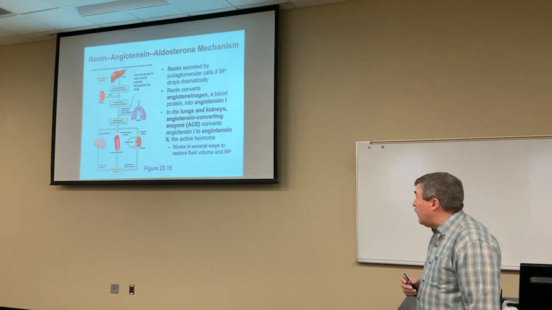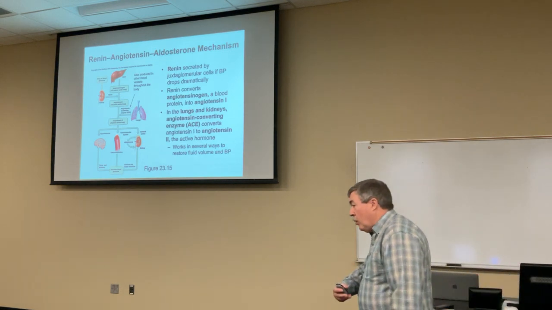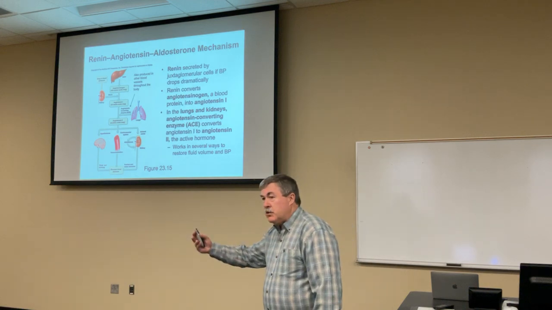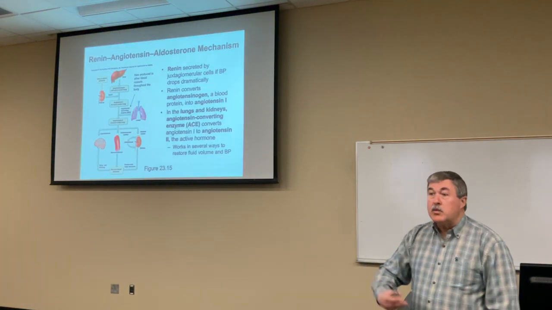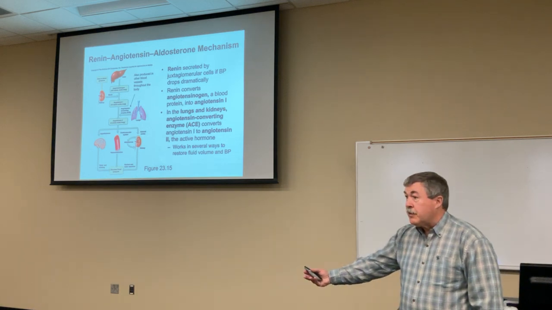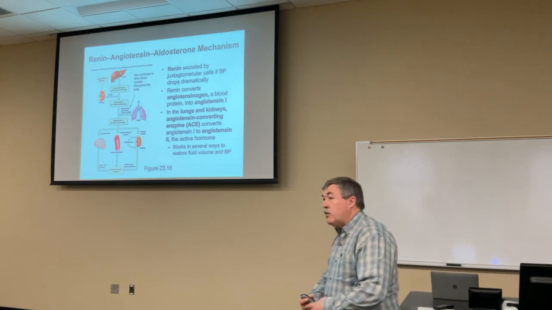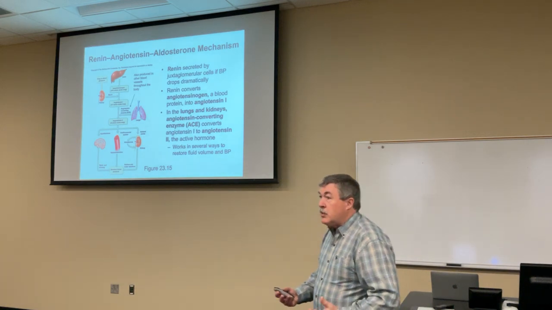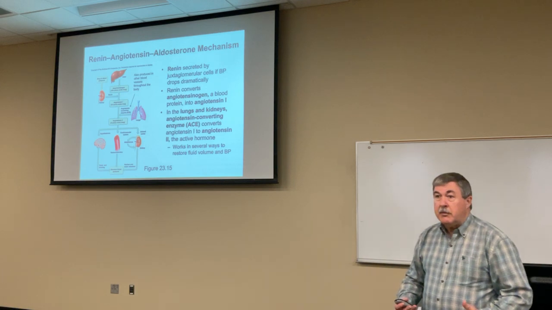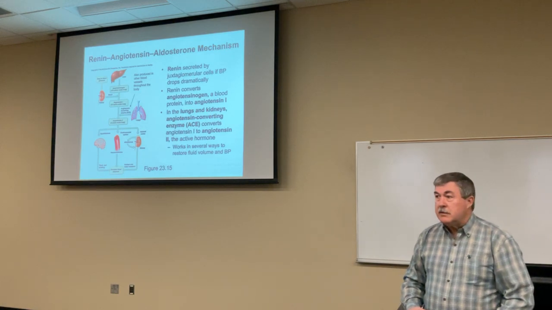Whenever sodium is reabsorbed, water always follows sodium. So if you increase reabsorption of sodium, then you increase reabsorption of water. If you reabsorb more water, that increases blood volume. The increase in blood volume will also bring blood pressure back up to normal, and so that increases blood flow to the kidneys.